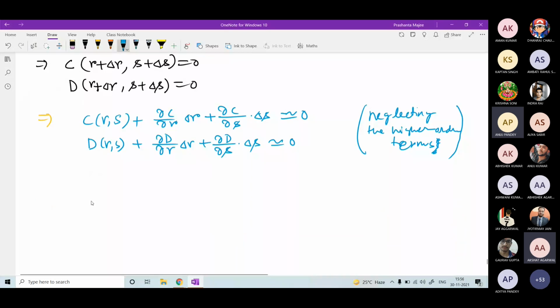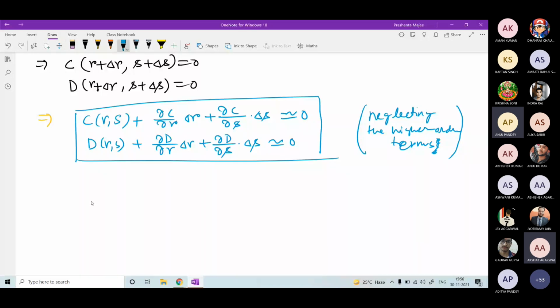So you have these two equations. These are linear equations. You see, the unknowns are delta r and delta s, and all other quantities are known to you. Since C of R S, D of R S are known to you, del C by del R, del C by del S, del D by del R, del D by del S are also known to you, and these have to be evaluated at the initial guess of R comma S. Since you have assumed the initial factor as x square plus small r into x plus small s, you have some initial values of r and s.